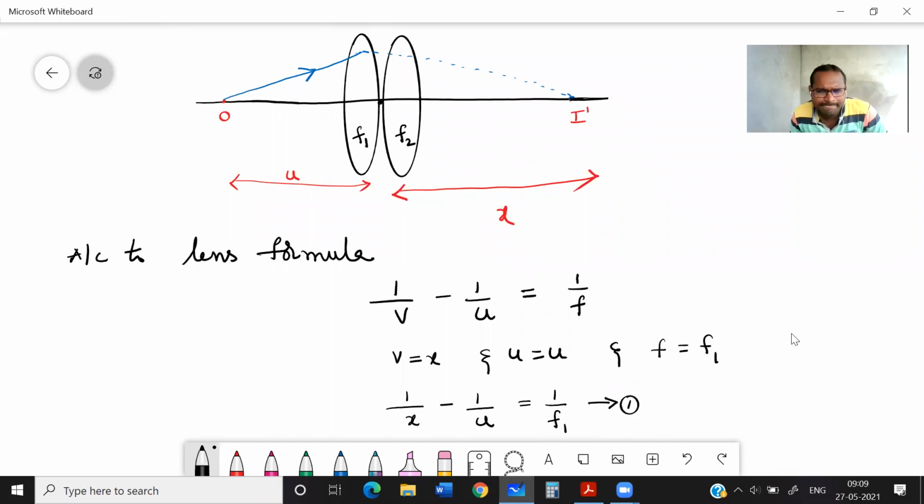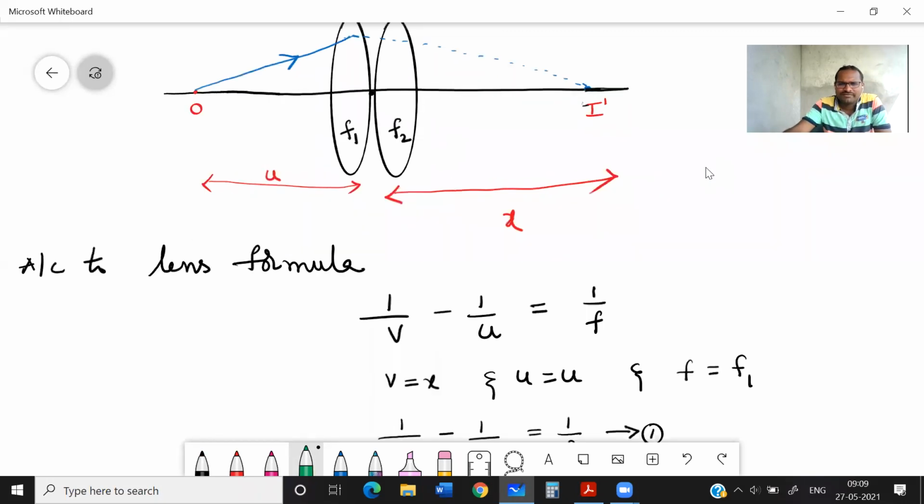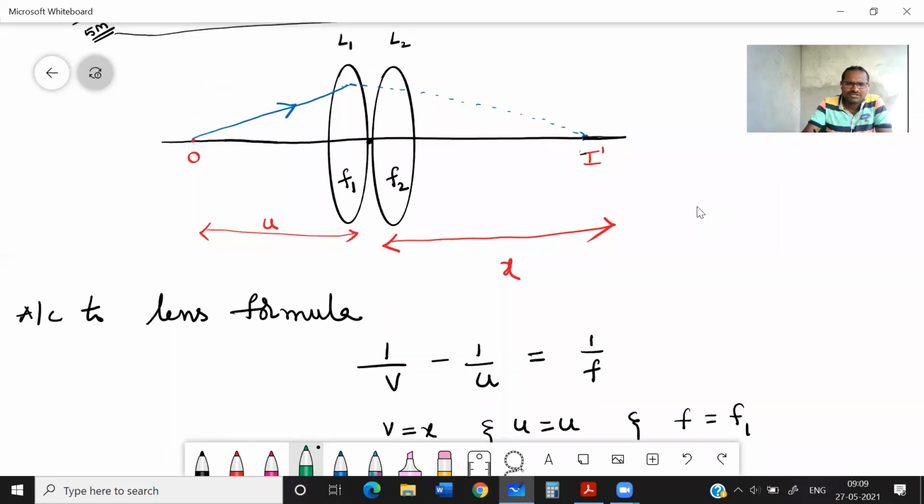Now in this diagram, this image I dash is formed due to lens L1 only. Now lens L2 also will form its image. For that, image I dash acts as a virtual object for lens L2, and due to that it will form its real image here like this.